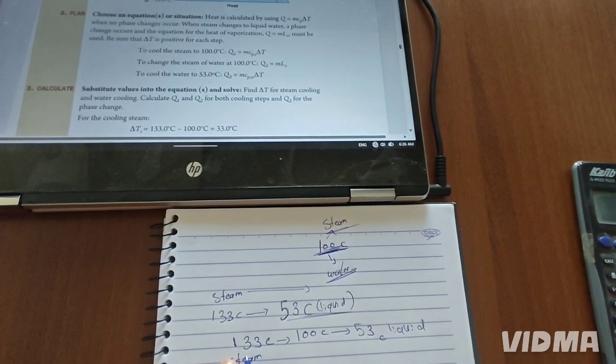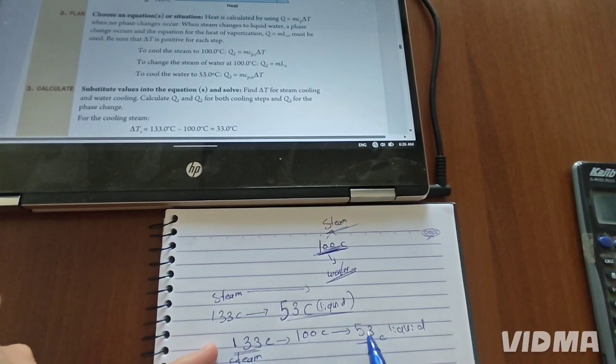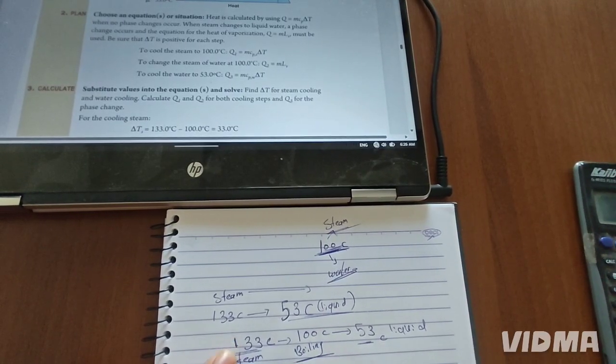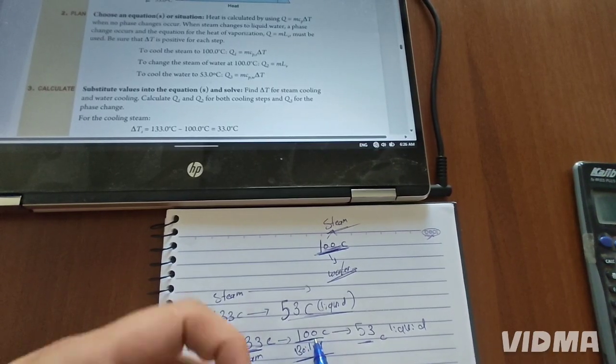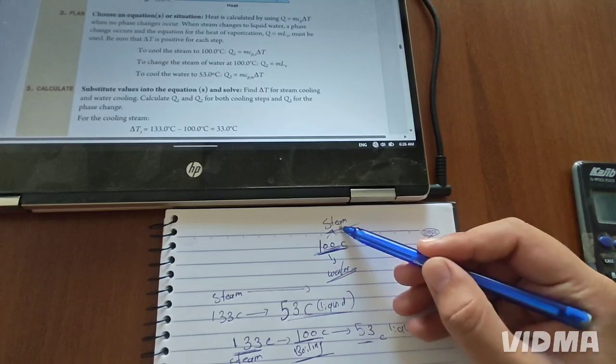How can we decrease the temperature from 133 Celsius to 53 Celsius? First of all, we say 133, then 100, then 53. Directly, we cannot make it go to 53 Celsius, because in the middle we have 100 Celsius, and I told you this is the boiling point. Step by step: first, from 133 Celsius, the steam, to 100 Celsius. Below 100 Celsius is water, above is steam.